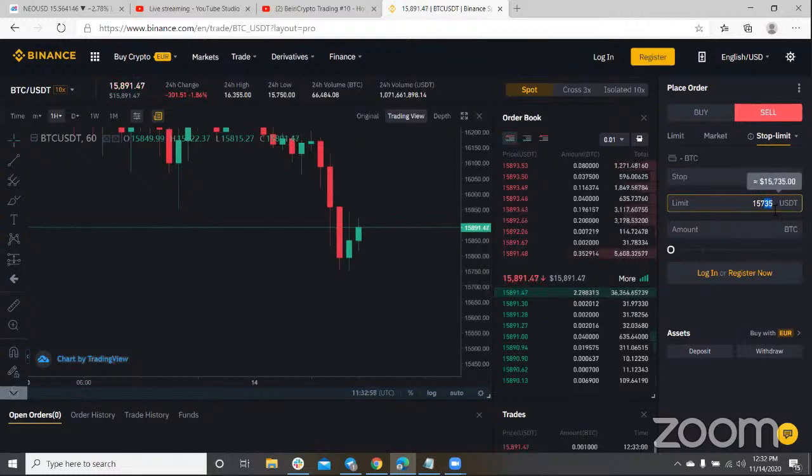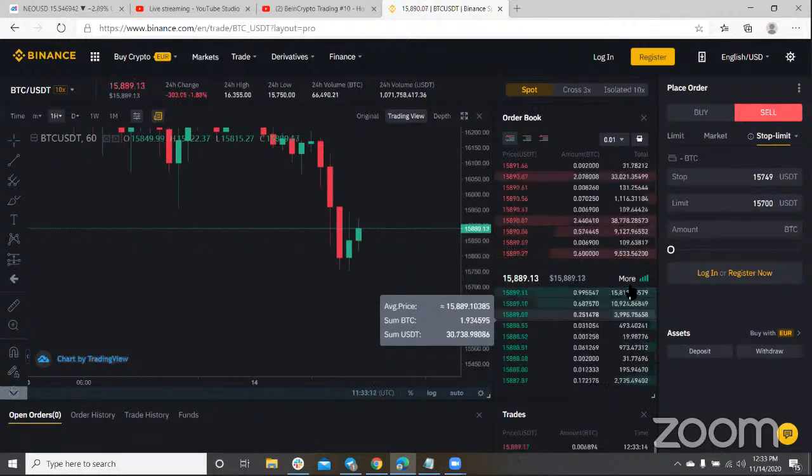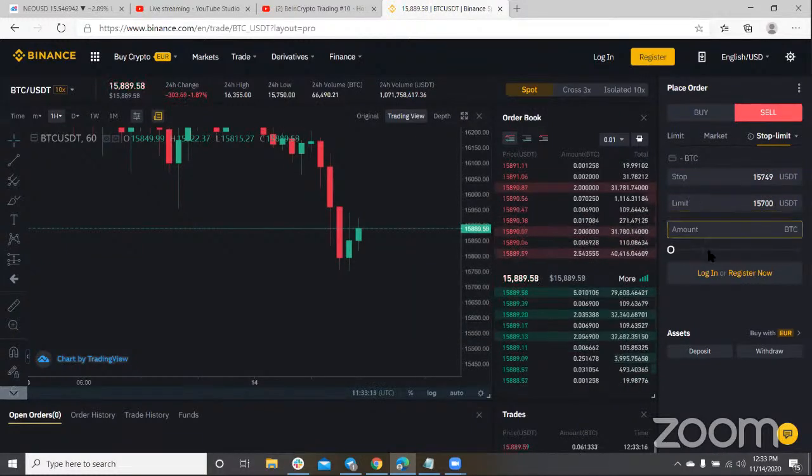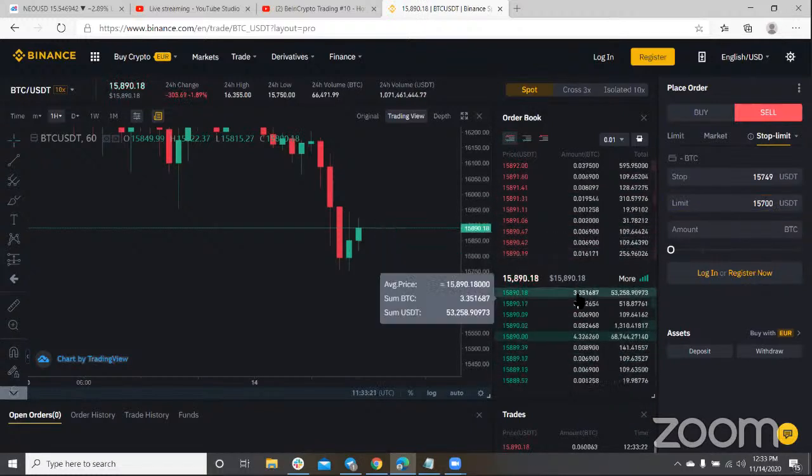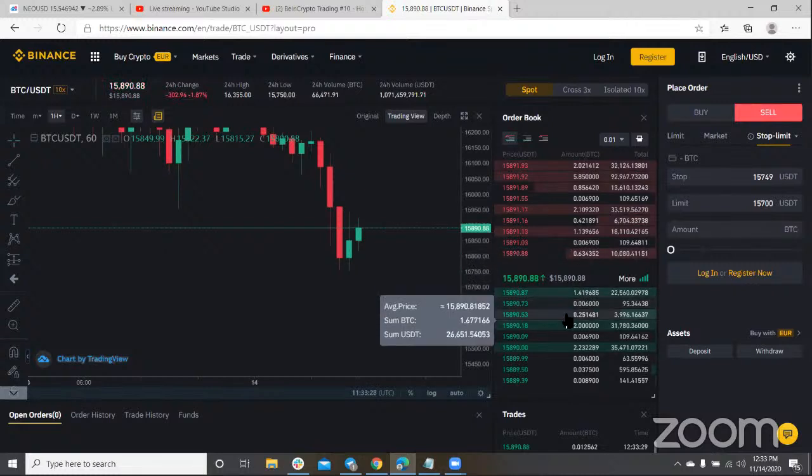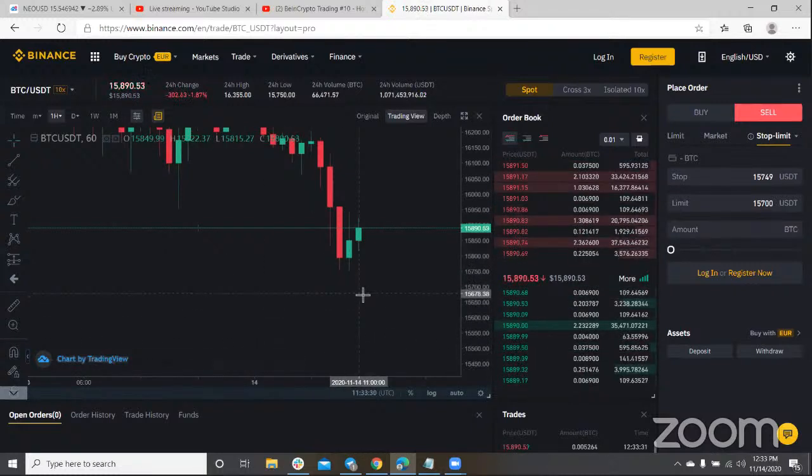Now, one more thing, if I place this here, it doesn't mean that my order will be triggered at 15,700, but when the stop is triggered, then the order will be filled at the highest possible price until 15,700. So if there are several buy orders at 15,730 or 740, then they will be triggered higher.